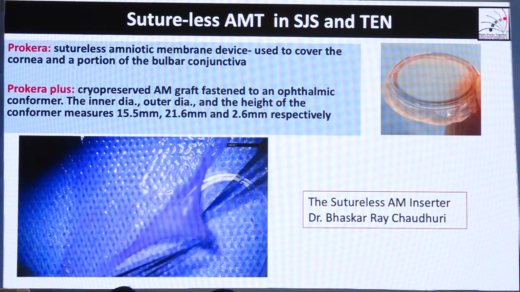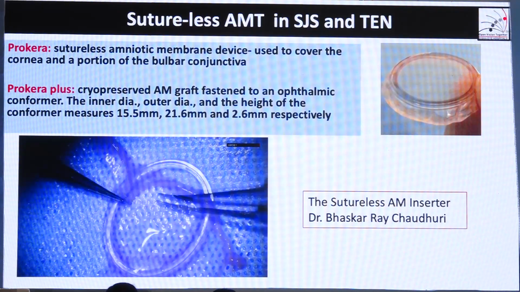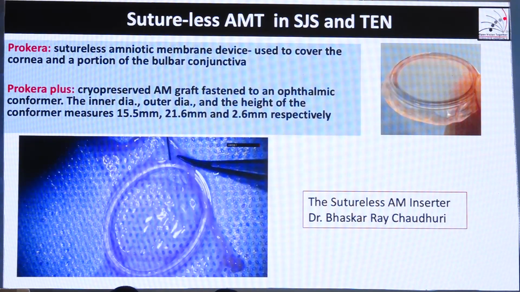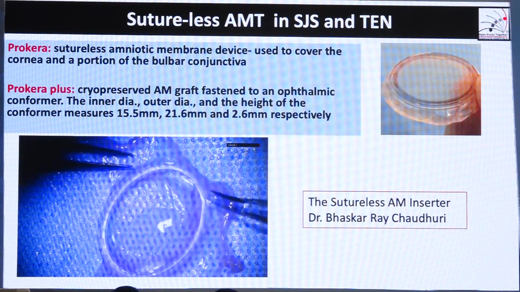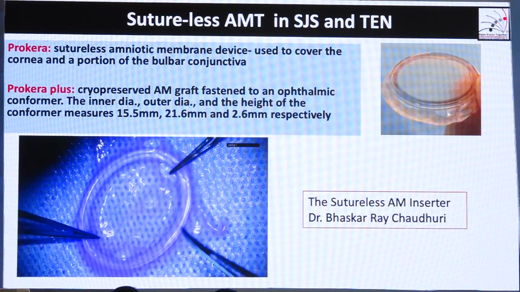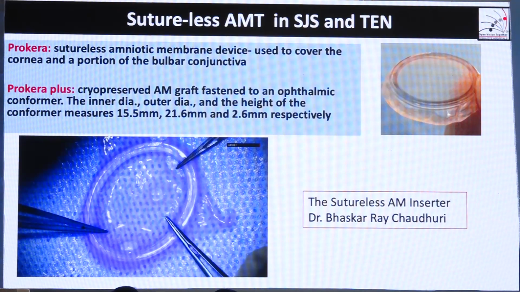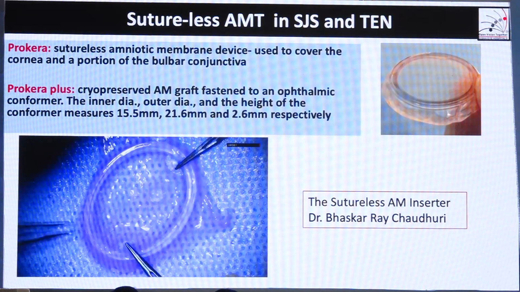So this amniotic membrane is spread over the outer ring, and the inner ring is placed, and that way this is called the M-setter, and it can be placed without any anesthesia at bedside.